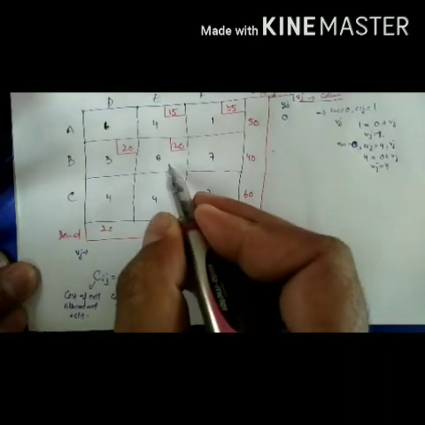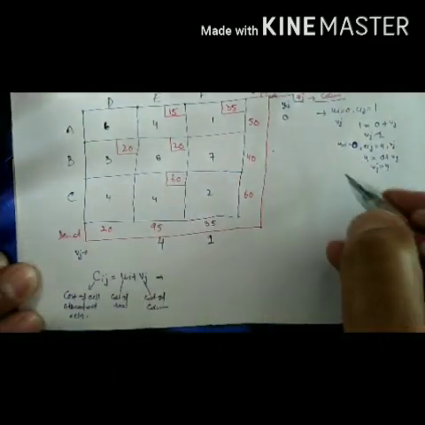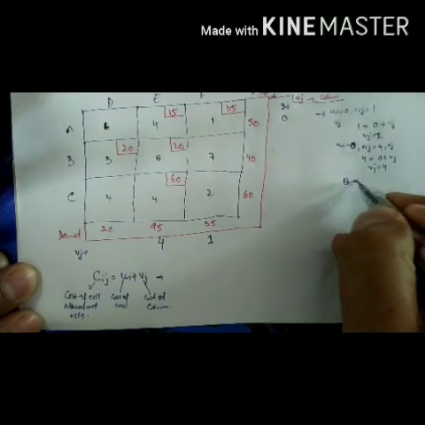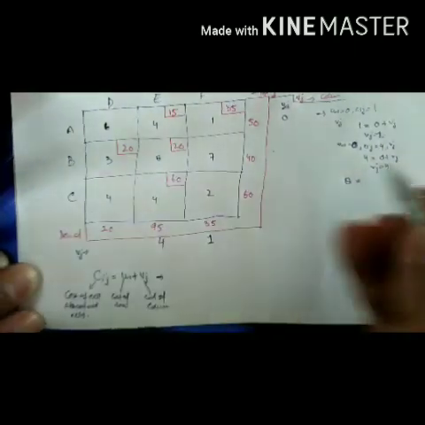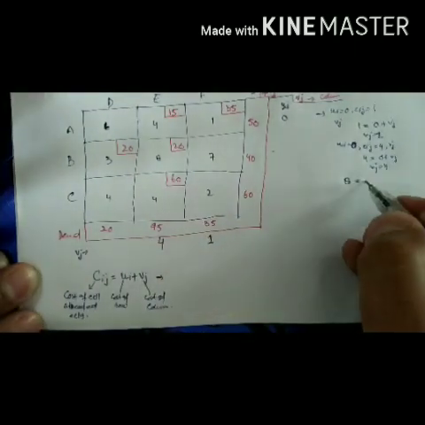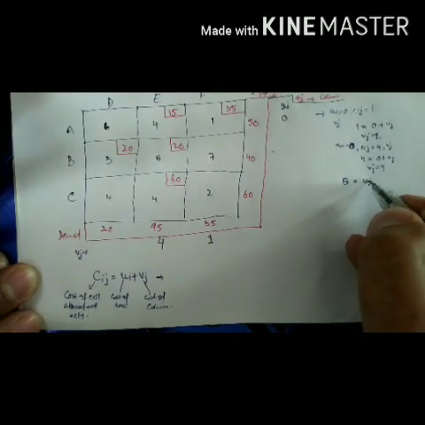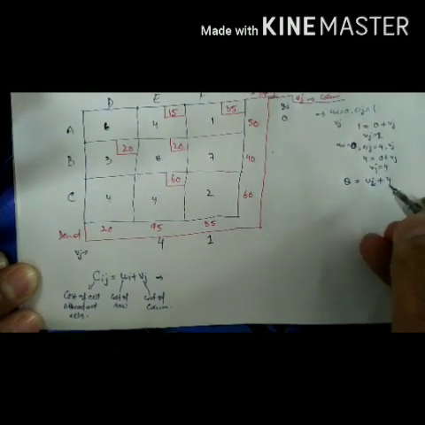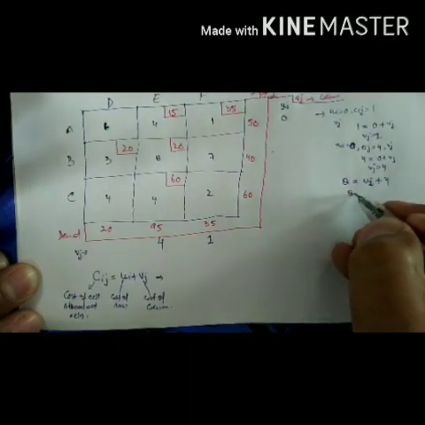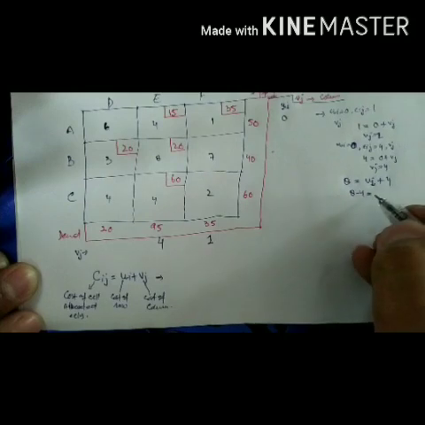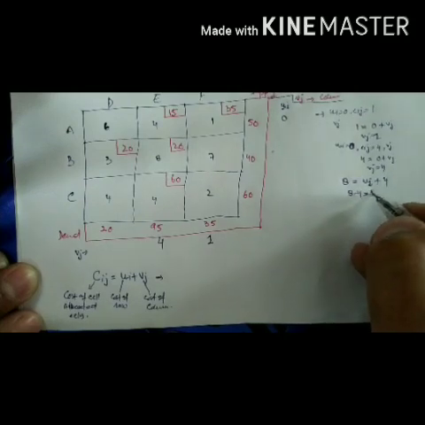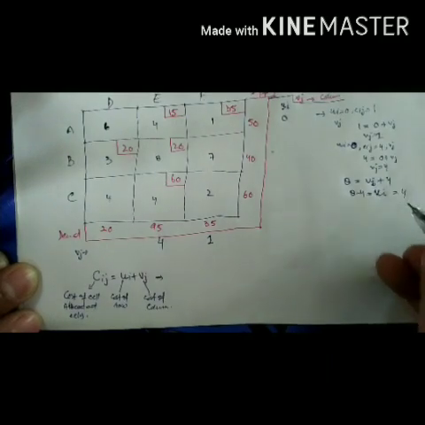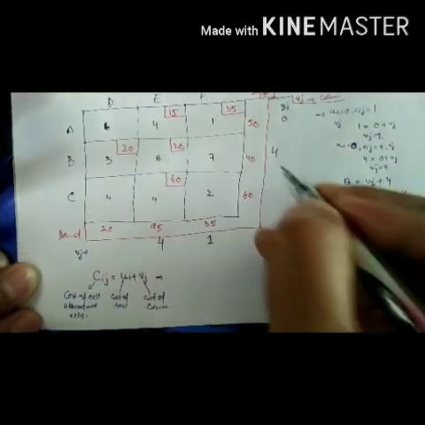For example, in this column Cij is 8, which will be equal to Ui, which I have to calculate, plus Vj equal to 4. When 4 comes here, 8 minus 4 will be equal to Ui. That means Ui will be equal to 4.